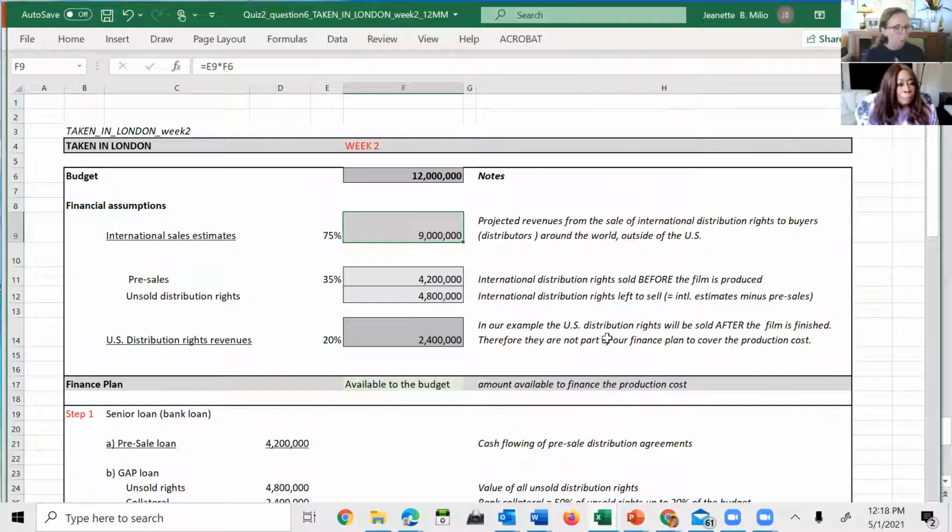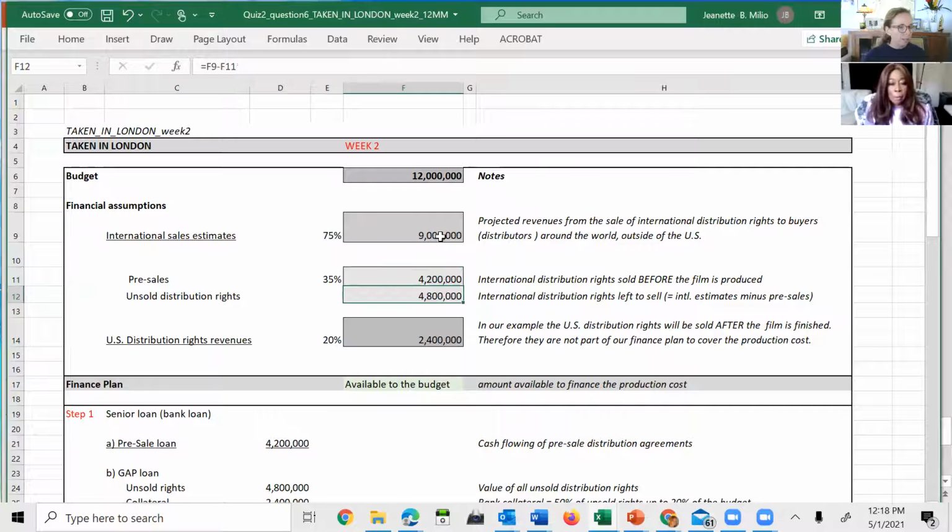But the more important point is you have to understand that from your sales bucket of all the rights, you're now taking some territories out because you're selling them. And that's what your pre-sales are. 35% of the budget as your pre-sales is 35% of 12 million, and that is $4.2 million. Yes.